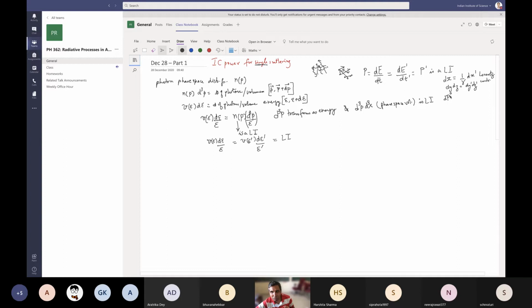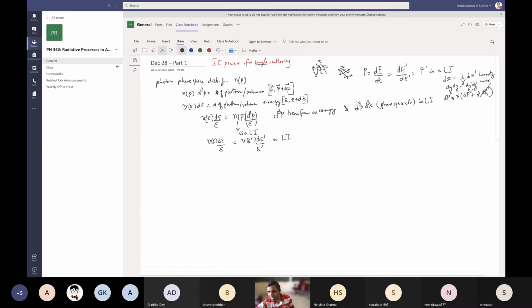We also considered that dp0, the zeroth component of the forward momentum, is equal to gamma (dp0 prime plus beta dp1 prime), and we argued that there is no net change of momentum of photons when you go from one frame to the other.